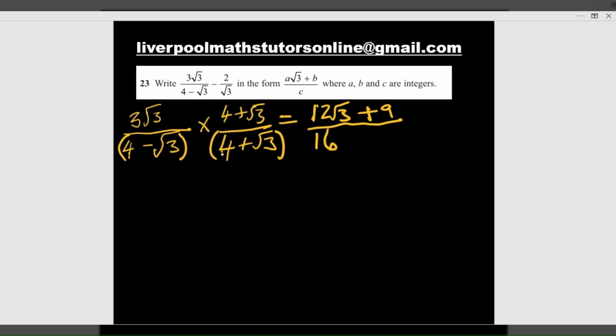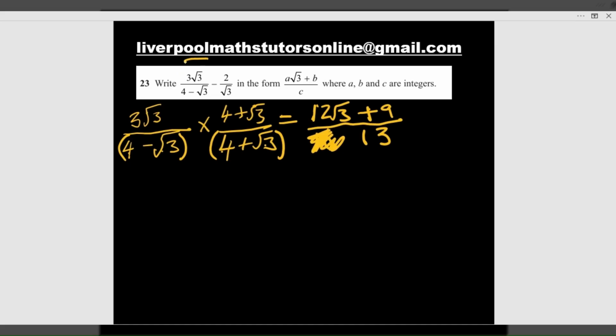So it takes that middle term and takes that third part away. Then I can just say root 3 times root 3 is 3, and it's negative, positive, negative. So negative 3. So I might as well just get rid of that and say we've got 16, take away 3. So we've got 13 on the bottom.